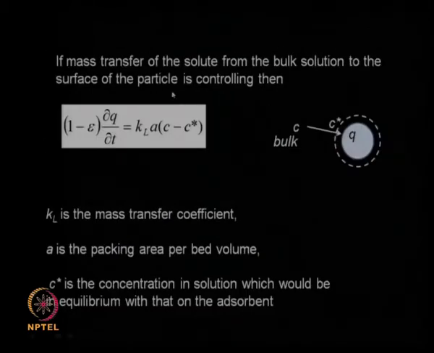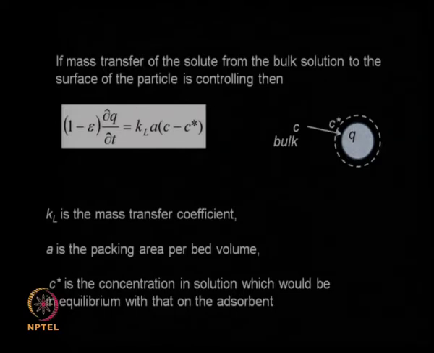okay. So if the mass transfer of the solute from the bulk to the surface of the particle is controlling, as I mentioned, this is a solid particle and the bulk solution is a liquid. So whenever there are two different phases, in this particular case a solid and a liquid, or if there is a gas, then there could be a gas and a solid, or in absorption you can have a gas and a liquid, again there is a two phase system.